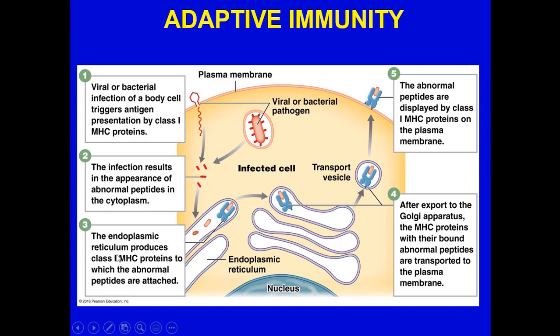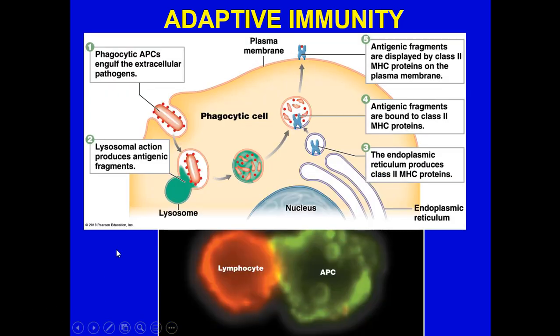The endoplasmic reticulum produces class 1 MHC proteins, and the abnormal peptides are attached. Then we start exporting them via the Golgi apparatus, which takes the MHC proteins with the bound abnormal proteins in vesicles, and there'll be sort of a flag on the surface of the plasma membrane saying, attention, this has been found, this is bad.